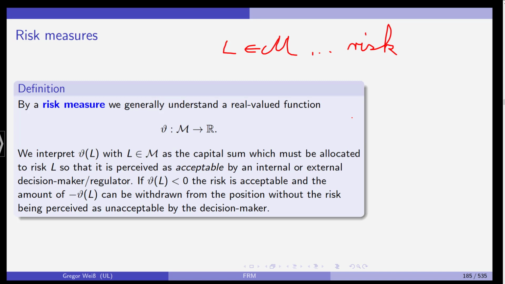So this could be a bank account. If you have 1 million on your bank account, you can withdraw 1 million euros without making the bank account an unacceptable risk. If it is positive, you need to put some money in to make it acceptable.